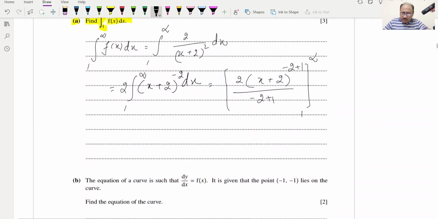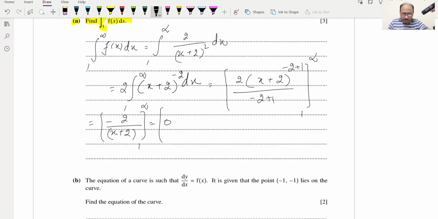First we simplify the inner portion, where the denominator will be minus 1, so we can write minus 2 over (x plus 2) raised to the power 1, and the limits of integration are 1 to infinity. If we put infinity, it will be minus 2 over infinity plus 2, which is 0, so we write 0 for the upper limit.